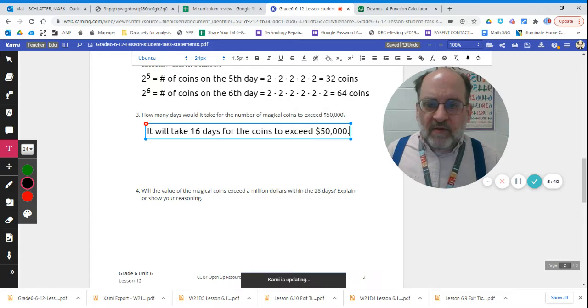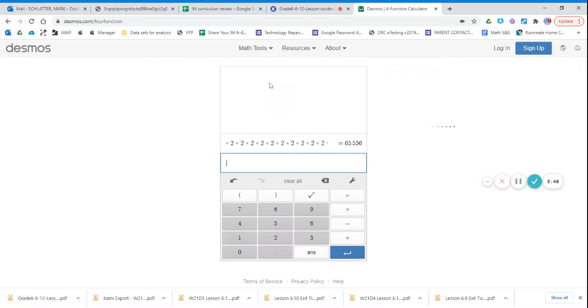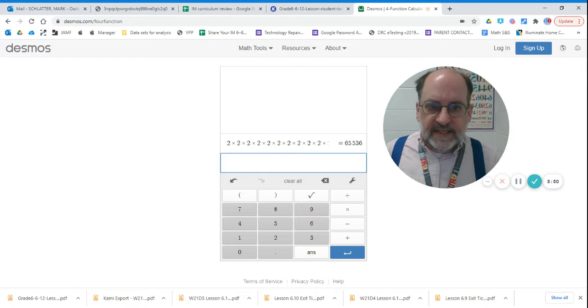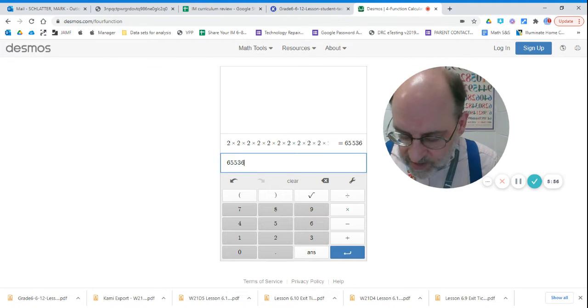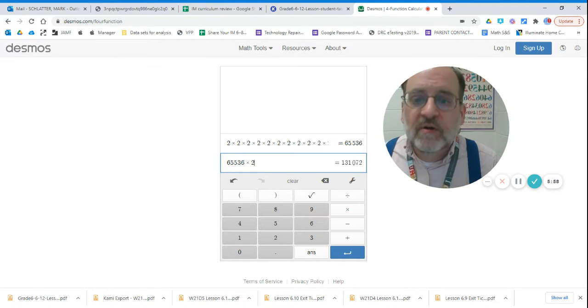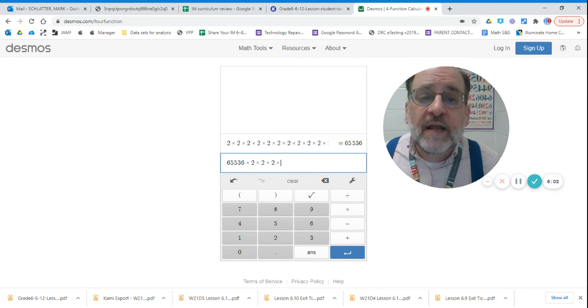Okay, will the value of the magical coins exceed $1 million within the 28 days? Explain or show your reasoning. Well, let's see what we've got here. This was 16 days. Let's put that number in, 65,536, and keep on multiplying by 2. 17, 18, 19, 20. Wait a minute.